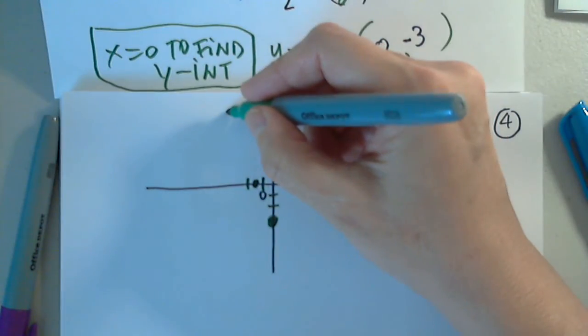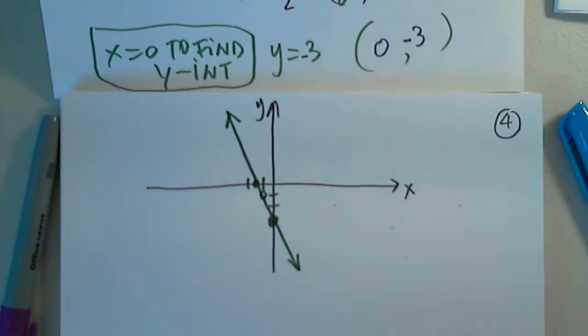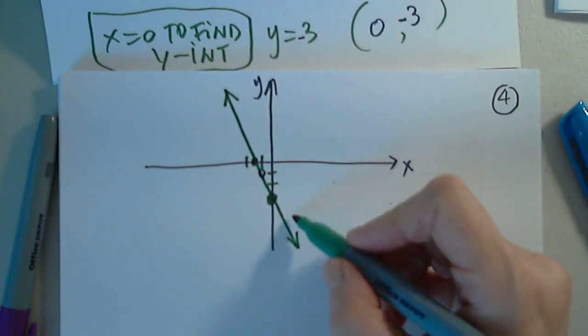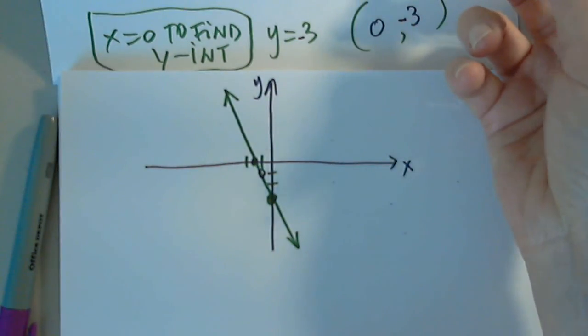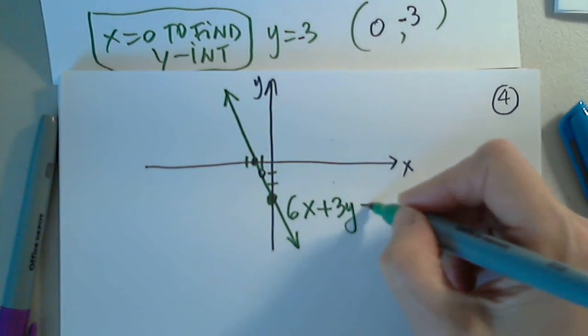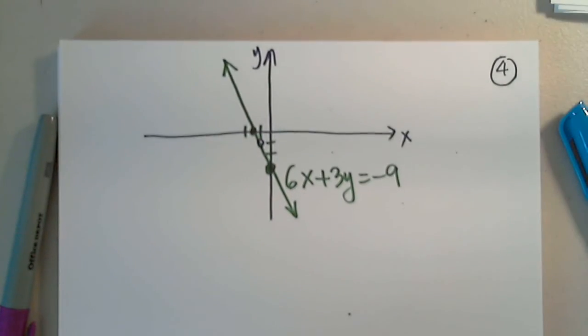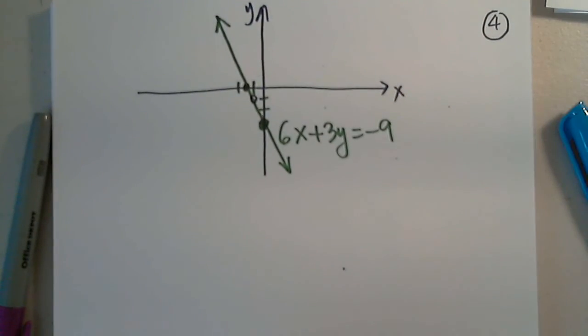We connect and extend the line. This is the graph of either 2x plus y equals negative 3 or the original 6x plus 3y equals negative 9. Great job, thank you. Any questions on this?